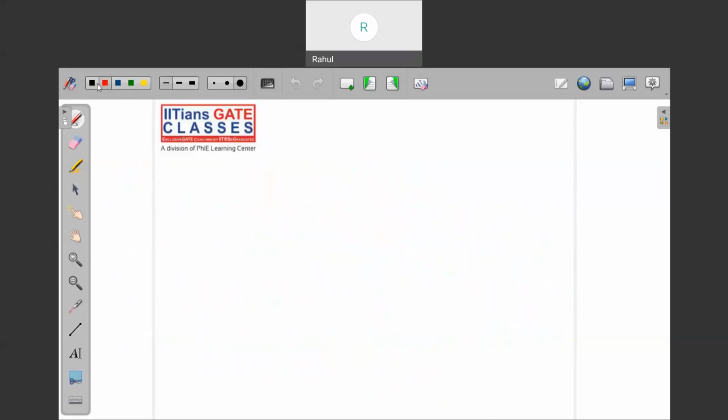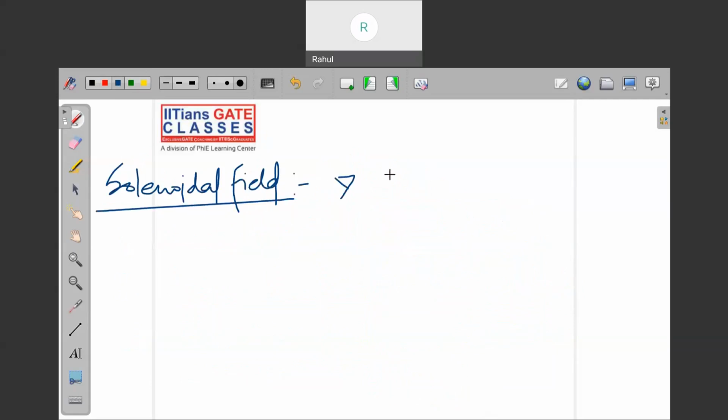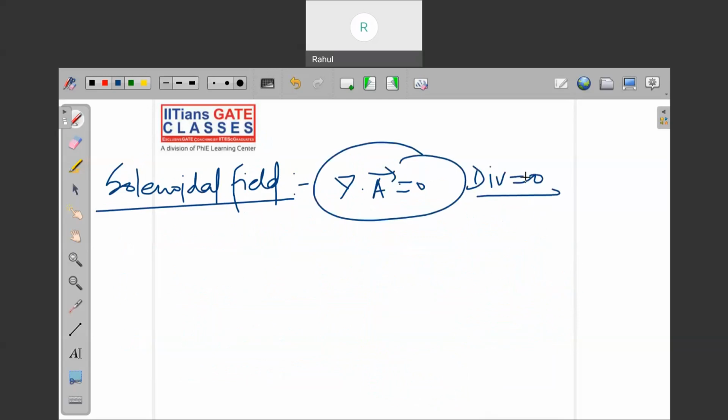So if I talk about one by one, that is solenoidal. That is divergence of a vector equal to 0. How is it read? Divergence of something is 0, right?